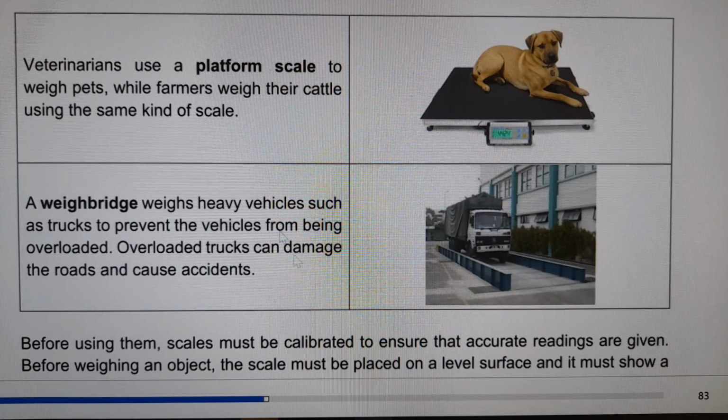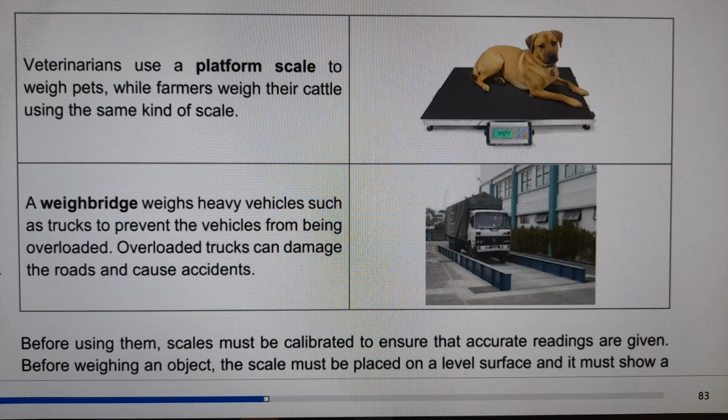And we have a platform scale. They say veterinarians use a platform scale to weigh pets, while farmers weigh their cattle using the same kind of scale. This is a veterinarian scale. And we have the last one, the weighbridge. The weighbridge weighs heavy vehicles such as trucks to prevent the vehicles from being overloaded.